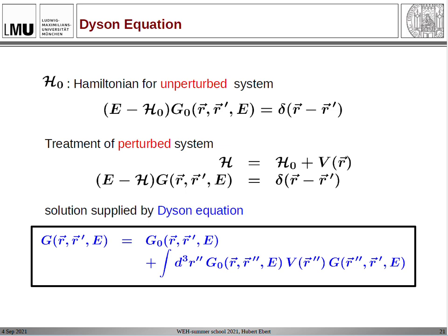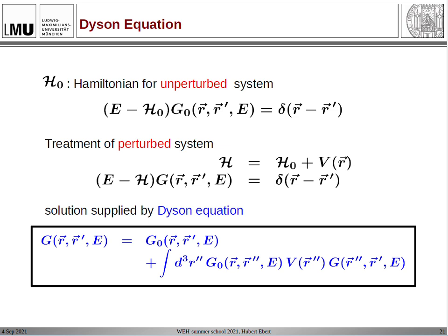We can now consider the equation for the Green's function for an unperturbed system and a corresponding equation for a perturbed system where we have added a potential that makes the perturbation, and we get the solution for the more complicated situation by the Dyson equation. The Dyson equation looks absolutely the same way as we had it for the Lippmann-Schwinger equation. All that changes is that the objects we look at are no longer wave functions but Green's functions.